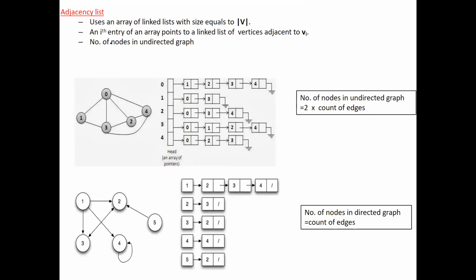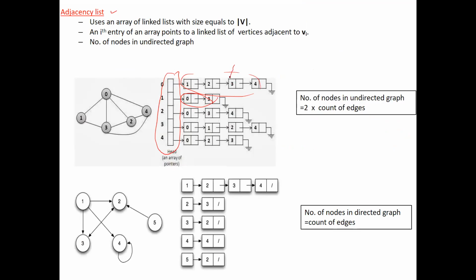The second representation of the graph in memory is the adjacency list. What is basically the adjacency list? It is a collection of different linked lists: this is one linked list, another linked list, and so on. The starting address of each linked list is stored in an array. It is an array of addresses where every address points to the starting node of a different linked list.